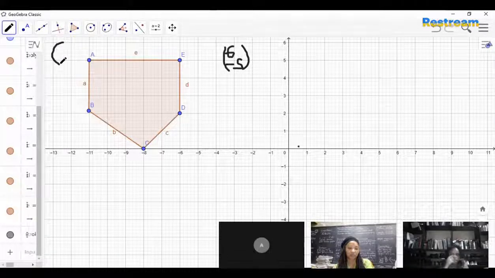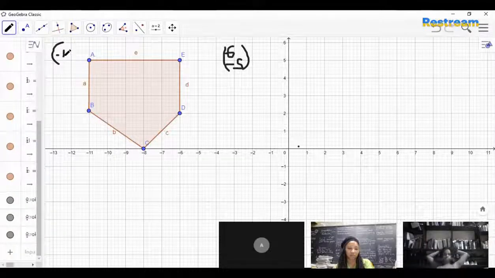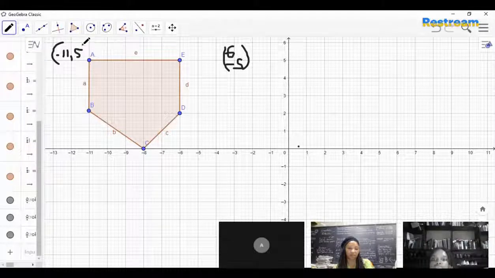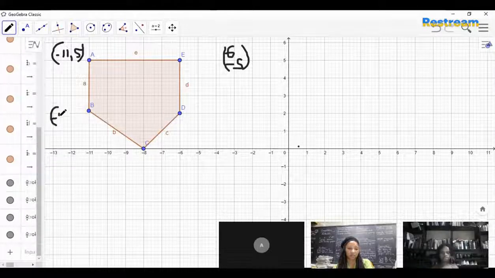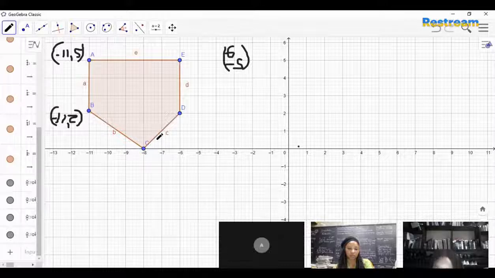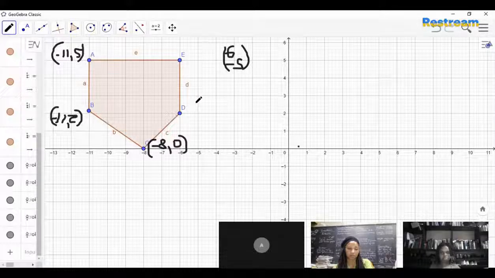A is -11, 5. B is -11, 2. C is -8, 0. D is -6, 2.